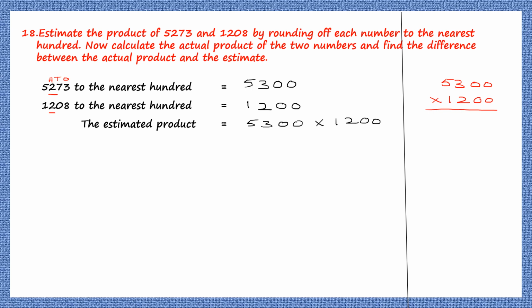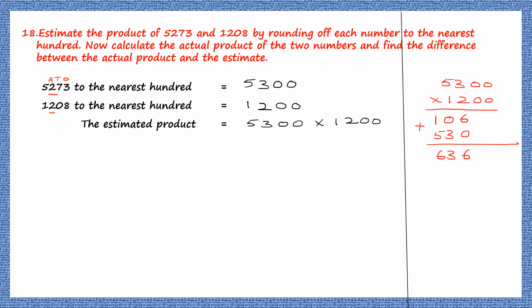So for the time being, we're going to ignore the zeros and multiply 53 into 12. 2 3s are 6, 2 5s are 10. Then the second step, we begin with a 0. 1 3s are 3, 1 5s are 5. So now we finish this, we're going to add this up. So 6, 3, 1 plus 5 is 6.